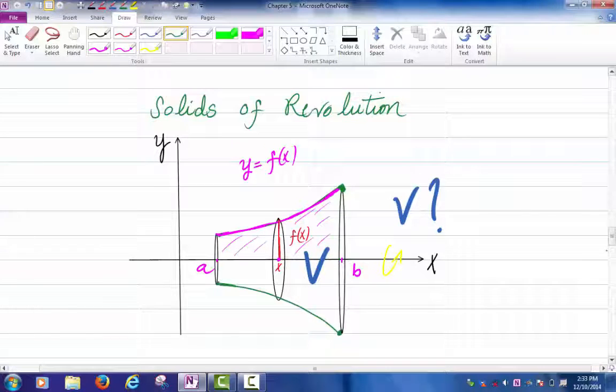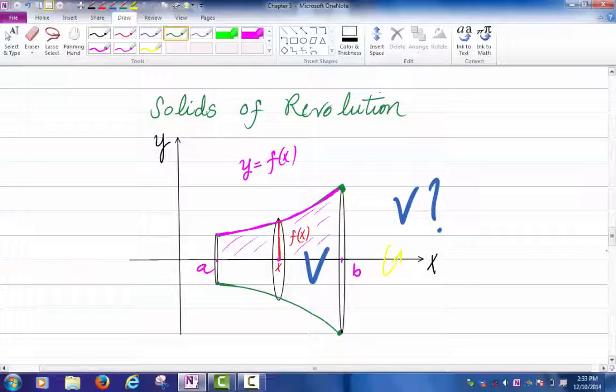I want to revolve that region around the x-axis, and I'm going to end up with a solid, and that solid looks like what I drew there, with the limitation of my drawing skills. So we want to know the volume of that solid.